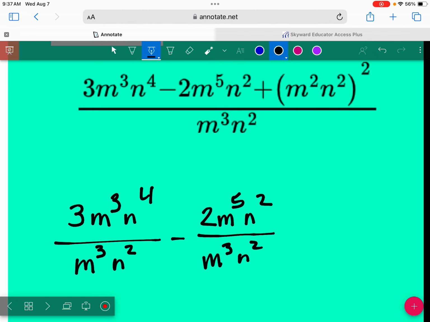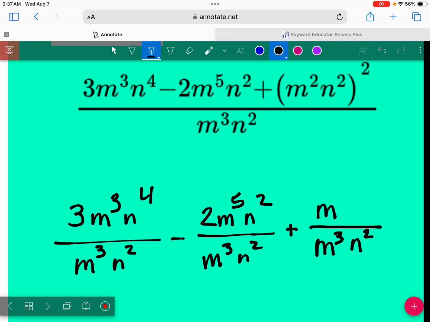And on the last one, you can either write it a couple of times, or you can do this squaring as you split them apart. We've got our m squared, n squared as a quantity squared. So what is that going to be when we write it in our numerator? M to the 4th, n to the 4th.